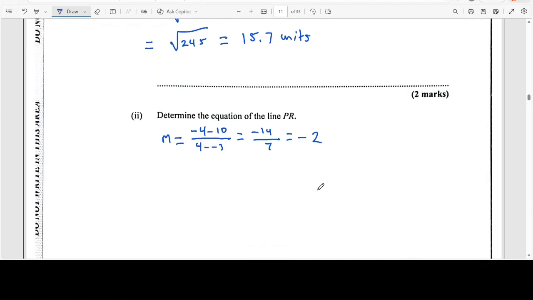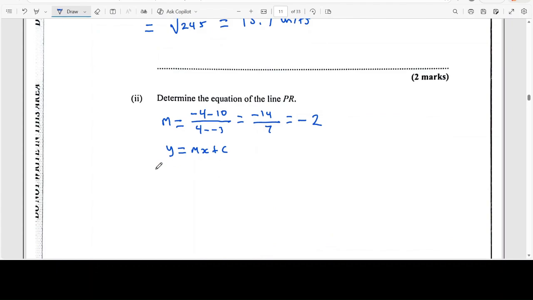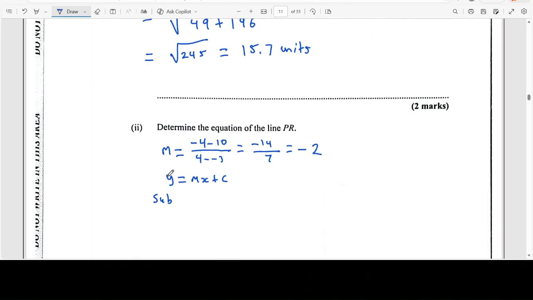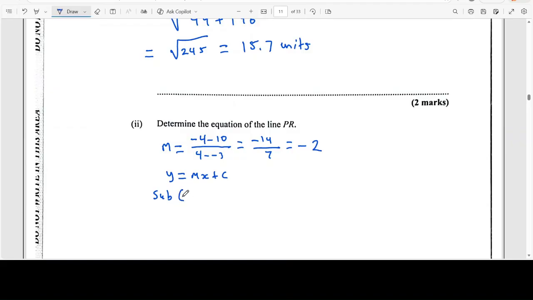And we want to find the equation of the line. So remember, the equation of a line is y is equal to mx plus c. So we have the gradient, now we need to calculate what c is. So we would substitute any one of those points. So let me use negative 3 and 10. You substitute negative 3 and 10 and the gradient in y equal to mx plus c.